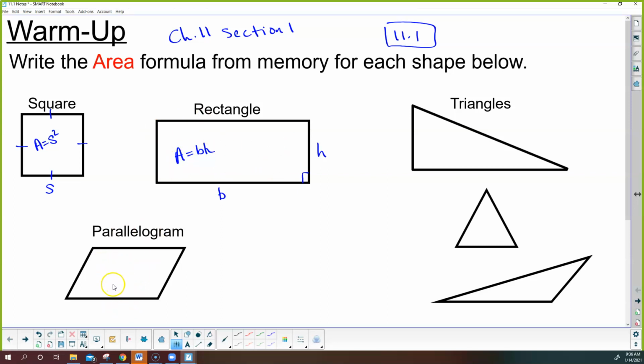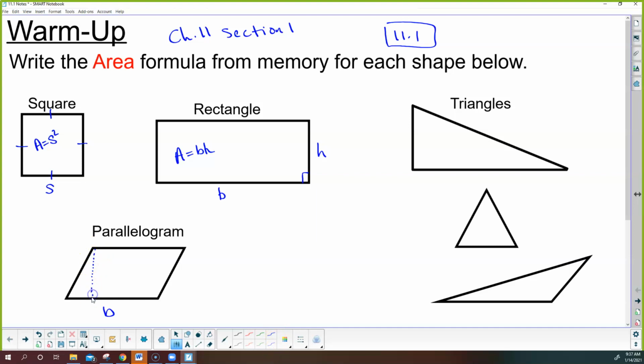A parallelogram is actually just a rectangle that, if I was to push along this side, just the top, and it tilted, it would turn into a parallelogram. Well, that thought process gives me the same idea. The problem is I don't have a height, right? I don't have a 90-degree angle, so that height has to be present somewhere.